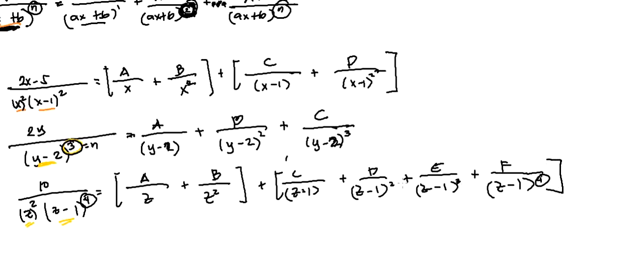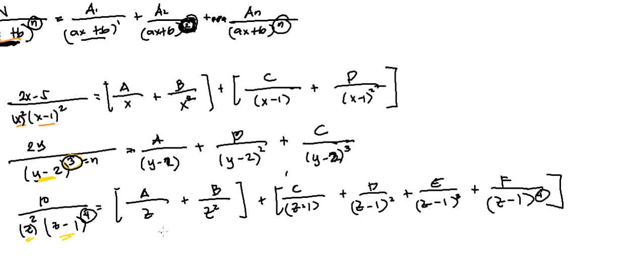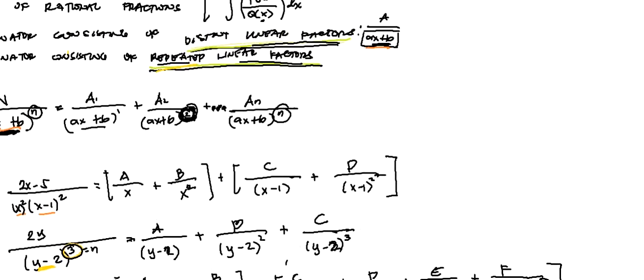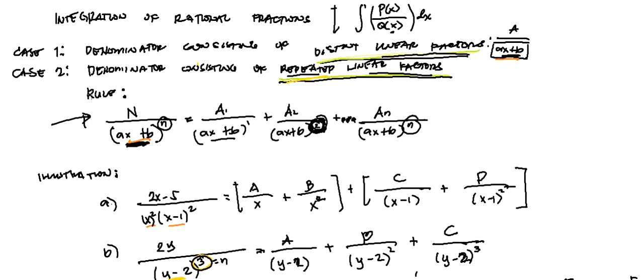So we need 4 different fractions here. For z raised to 2, we have 1, 2. For z minus 1 raised to 4, we have 1, 2, 3, and 4. That is what we call case 2, wherein our denominator consists of repeated linear factors.